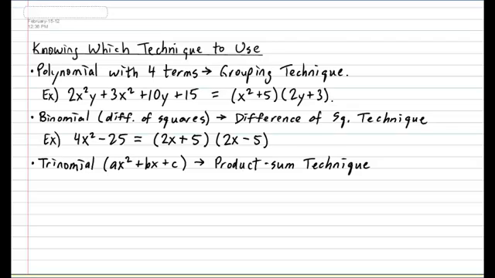Now, when it comes to trinomials of the form something x squared plus something x plus c, well, for those of you who are skilled at being able to detect a perfect square trinomial, then you can apply the very, very convenient technique called the perfect square trinomial technique.